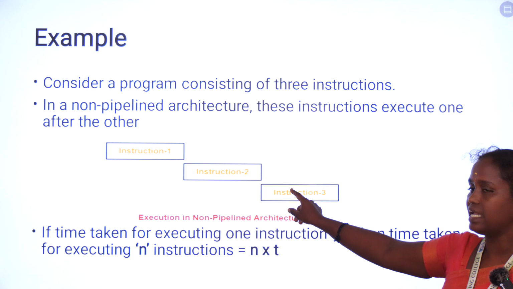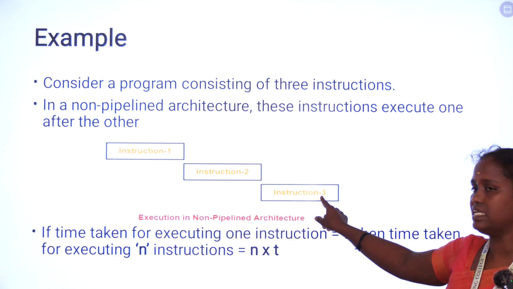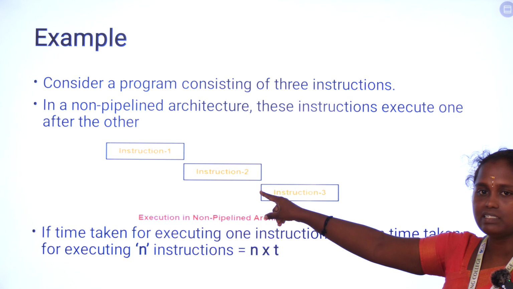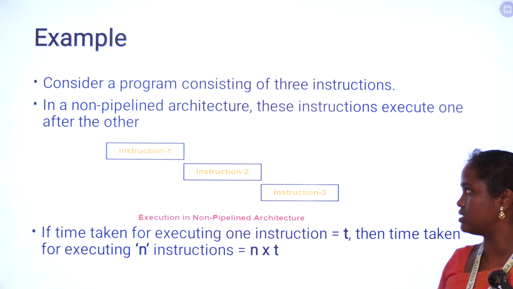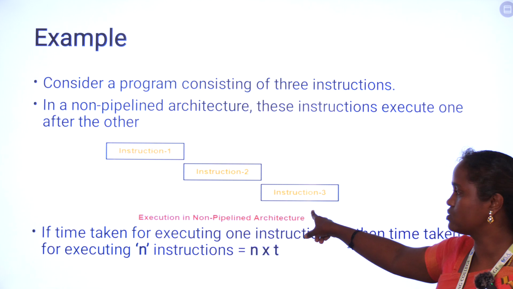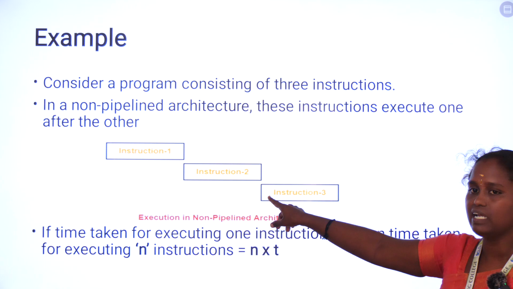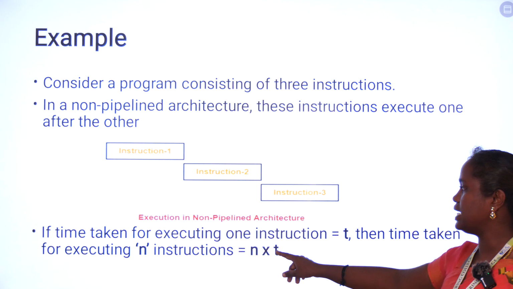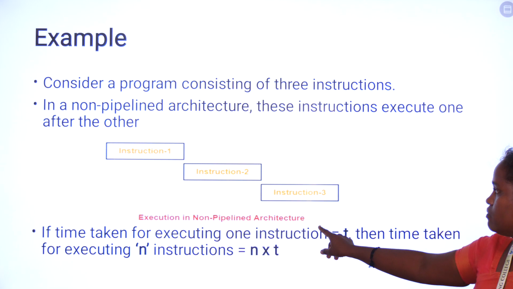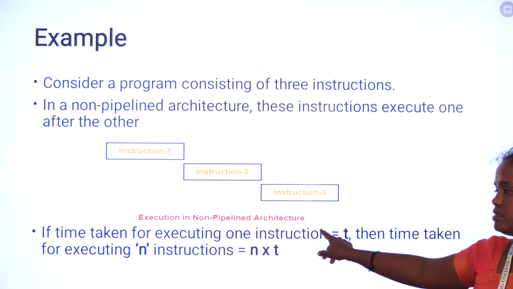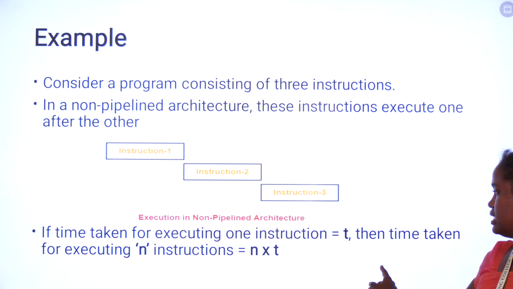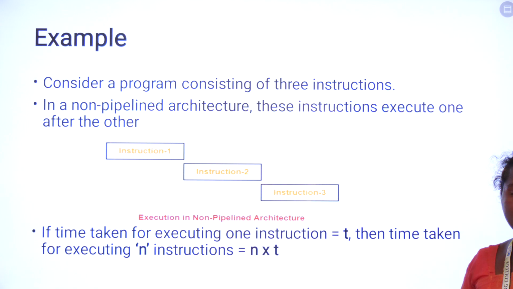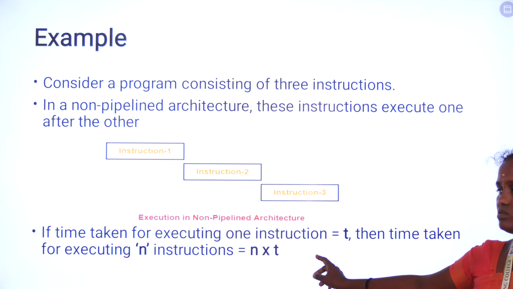Instruction 2 and instruction 3 have to wait till instruction 1 has completed, and instruction 3 has to wait till instructions 1 and 2 complete. If the time taken for executing one instruction is t, then the time taken for executing n instructions will be n into t.